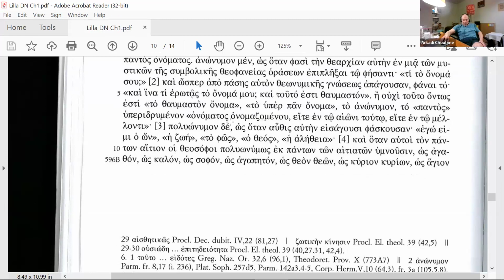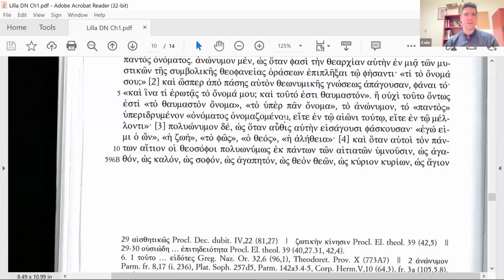This is onomatos onomazomenou. That's a quotation from St. Paul, I think. I know how it's translated in Russian and Slavonic, but I don't know how they translate onomazomenou in English.